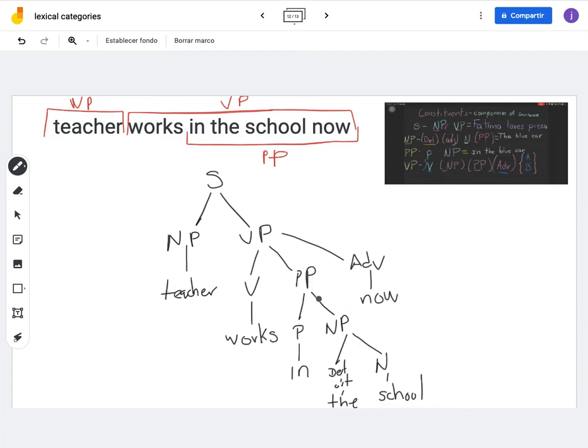Okay, it's the same. Now we have a prepositional phrase that contains a preposition that is "in", and then we put another line that contains a noun phrase.